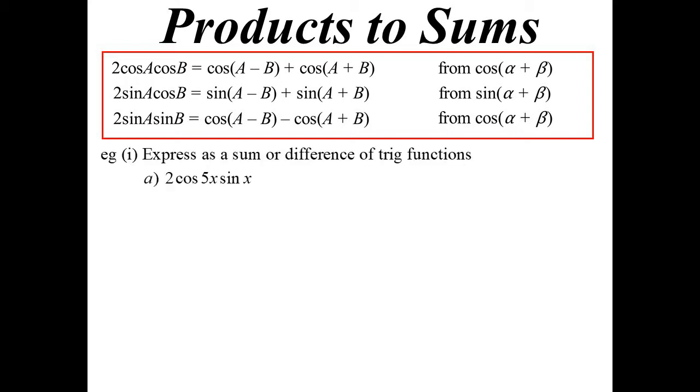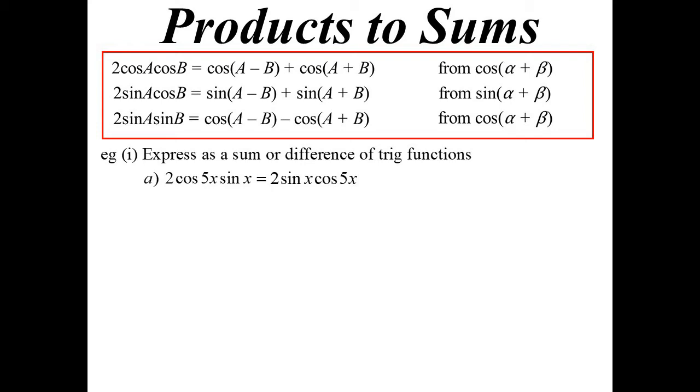So let's express these as a sum or a difference of a couple of trig functions. So if I have cos sine, oh, hang on a sec, I didn't have a formula for cos sine, I had a formula for sine cos. Fortunately, multiplication we can do in any order, so I can turn that into sine cos.